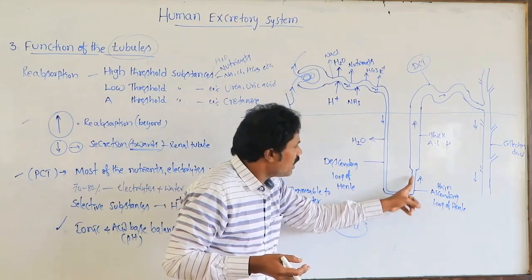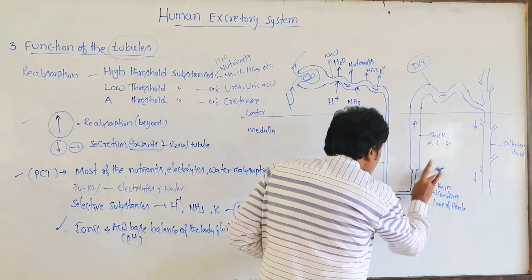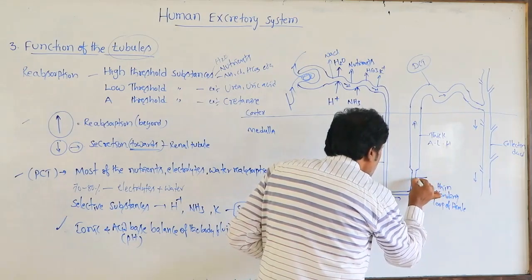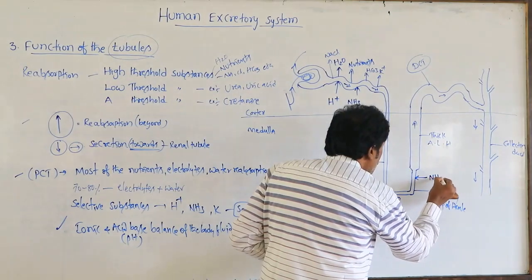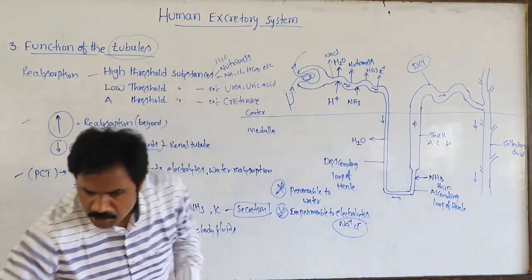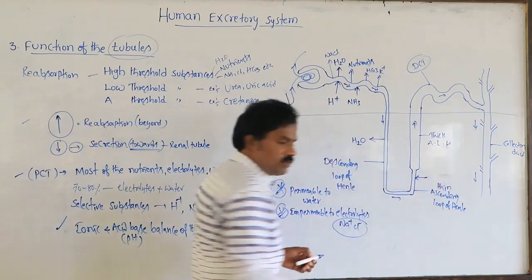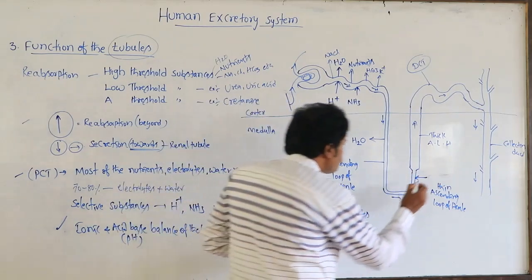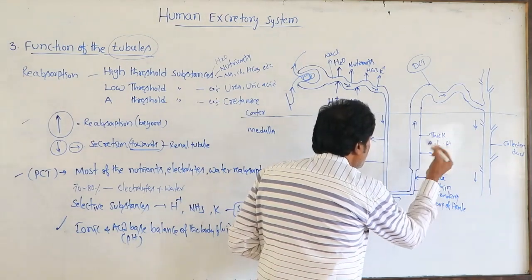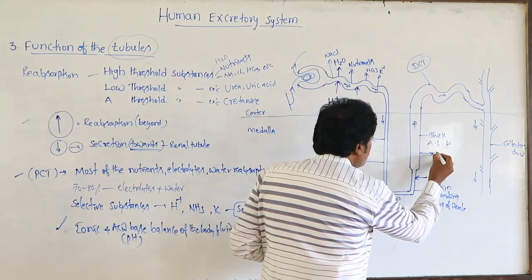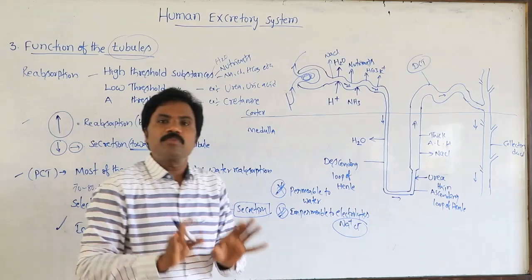Then in the thin ascending loop of Henle, it will be secreted. It is secreted, the urea, not ammonia. It is secreted as urea. But here there is reabsorption of electrolytes, but it is impermeable to water.